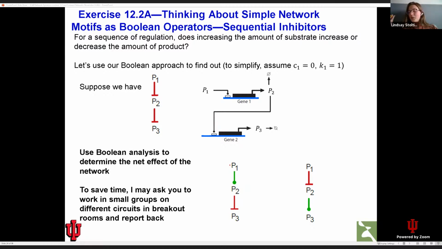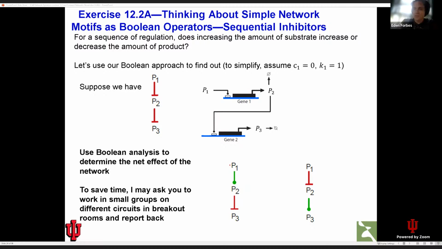Because if P1 is greater than K1, then the value of P2 will be 0. And if the value of P2 is 0, then the value of P3 will be 1. So that's fine. As I say, sometimes these things seem harder than they are because they're too simple. So that's great. Okay. How about the activate inhibit people?